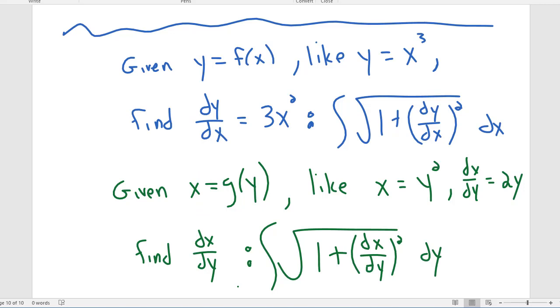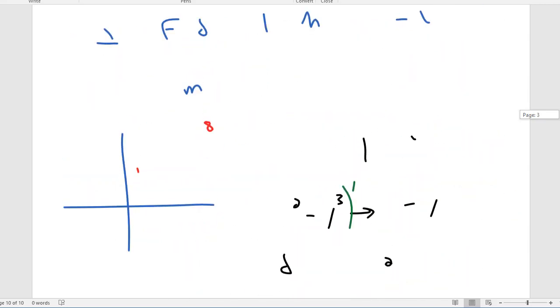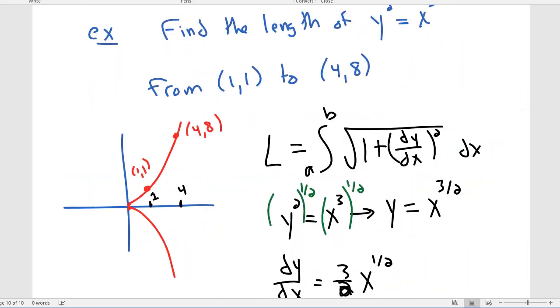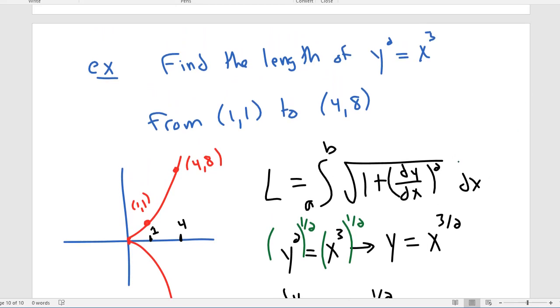Either one of these versions of the formula gives me the length of the curve. Now in my example that we first started with, I gave you y squared equals x cubed, and the formula we had written at that point was the (dy/dx) squared version. This was the only version of the formula that we had written at that point.